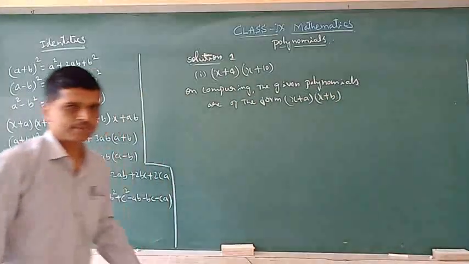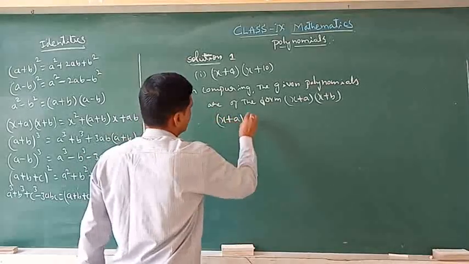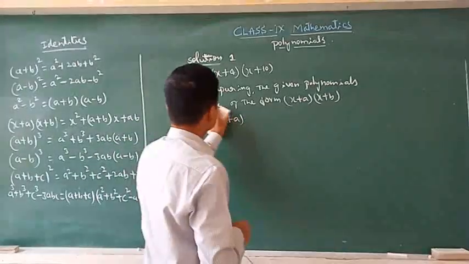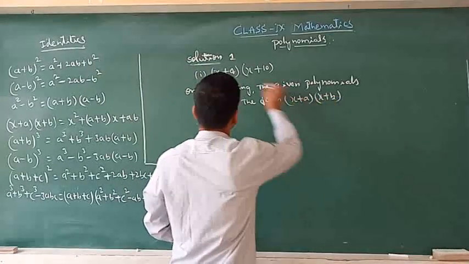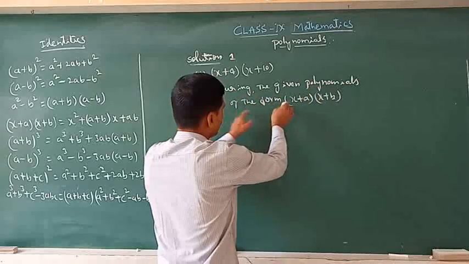Here x is x, and we compare this one, this one, this one. So the given polynomials are of the form like this.